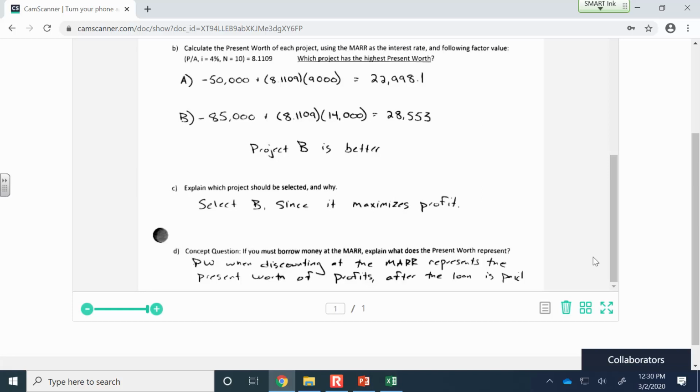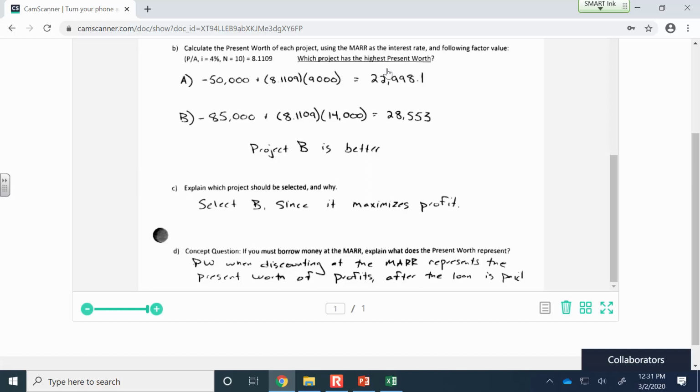And the question is, when we did these hand calculations of 23,000 for option A, 28,000 for option B, what is that amount? And you can see that what I've written there is that if you're discounting at the MAR, then this is the present worth of the profit that you get to keep when the loan and the interest for the loan has already been taken care of.